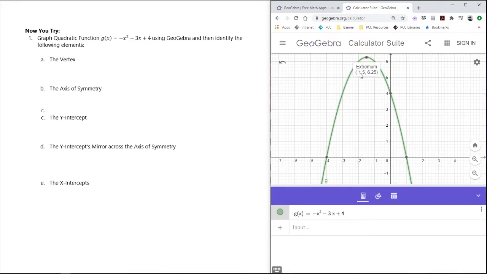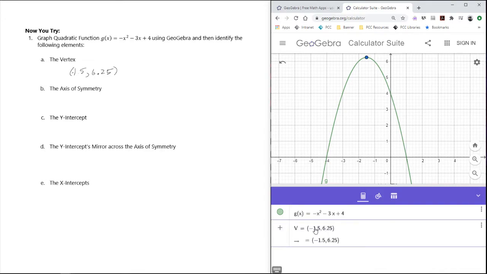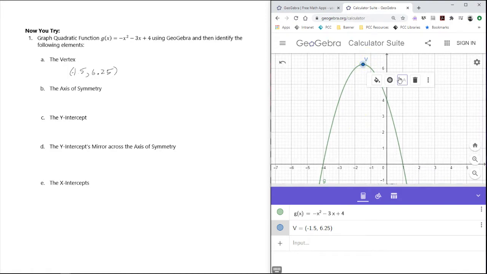Looks like it's up here at negative 1.5 comma 6.25, that top point on the parabola. And I'll write that down, and I'll go ahead and put it in GeoGebra as well. So vertex equals negative 1.5 comma 6.25. And make it so that that shows the value as well.